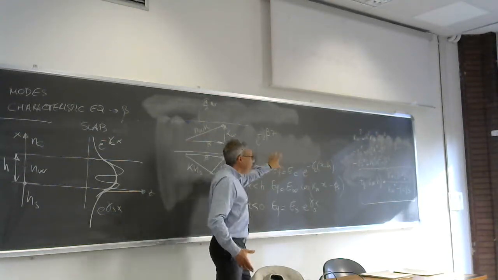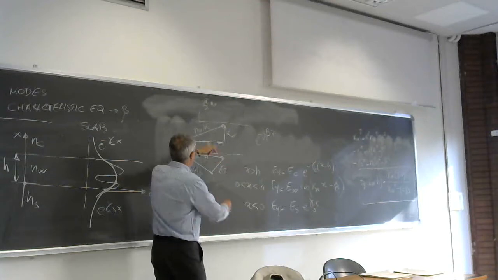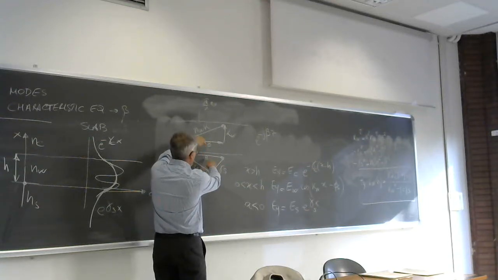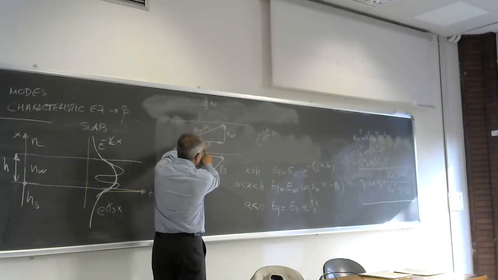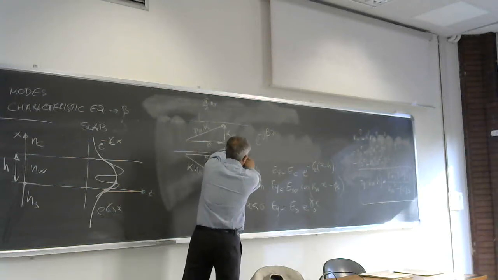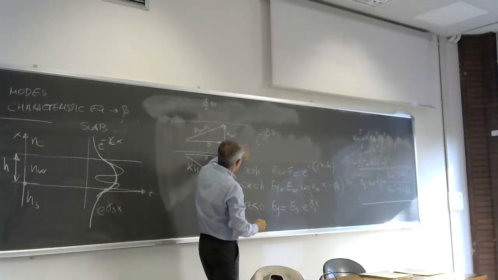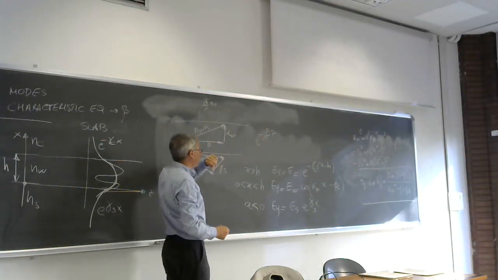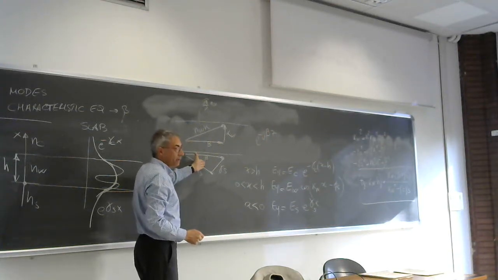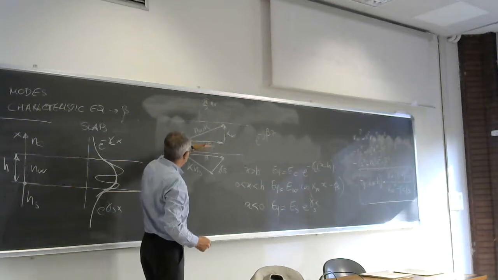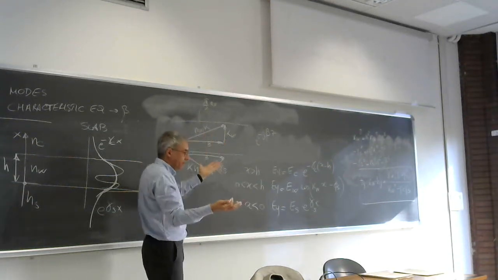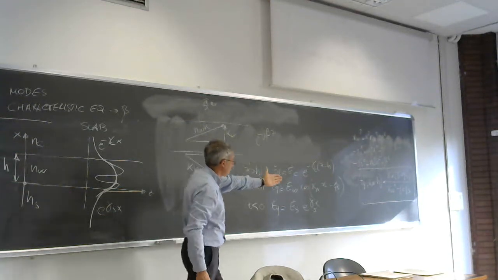They have to move in the same way. So we cannot have two different beta because of the continuity of the field at the interface at every point. So the only way to have continuity all over the propagation direction is to have the two beta identical. And this is given by the solution.